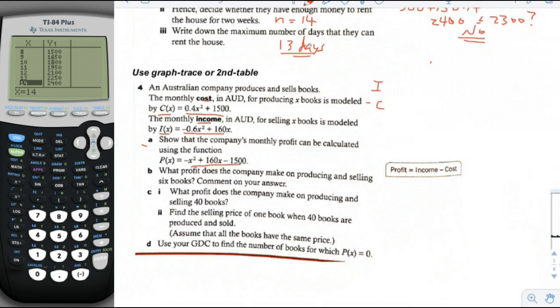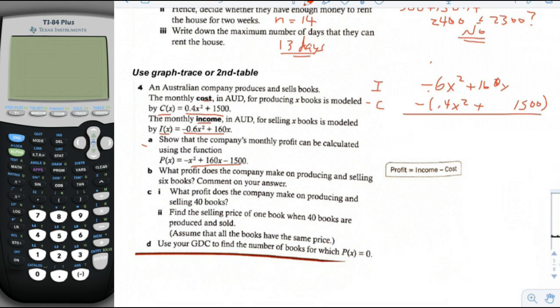We're going to take the income equation, negative 0.6x squared plus 160x. And then we're going to subtract the cost equation, which is 0.4x squared plus 1,500. Then I'm going to distribute this negative sign within the parentheses, so I'm going to put plus here and negative here and negative here.